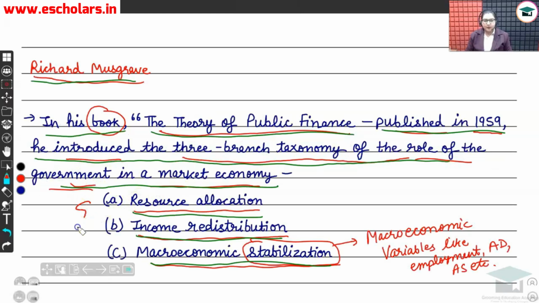So students, according to Richard Musgrave, there should be three functions of the government. Number one, resource allocation. Number two, income redistribution, or you can say the distribution function. Number three, macroeconomic stabilization, or you can say the stabilization function.